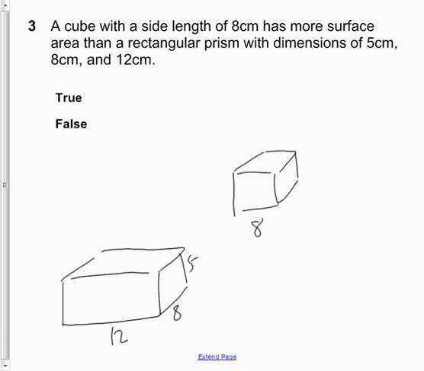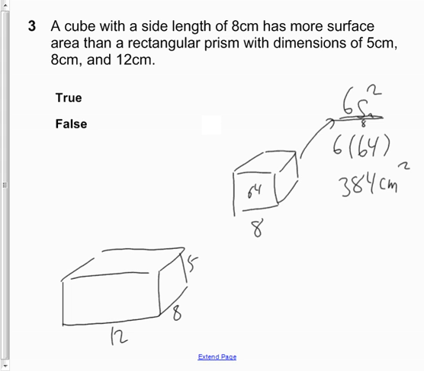For this one, the cube is pretty easy with a formula because side squared would be the area of one face, which means the area of one face is 64 because 8 squared is 64. And there are 6 faces, which means the formula is 6 times side squared, or 6 times 64, which is 384 centimeters squared of surface area.